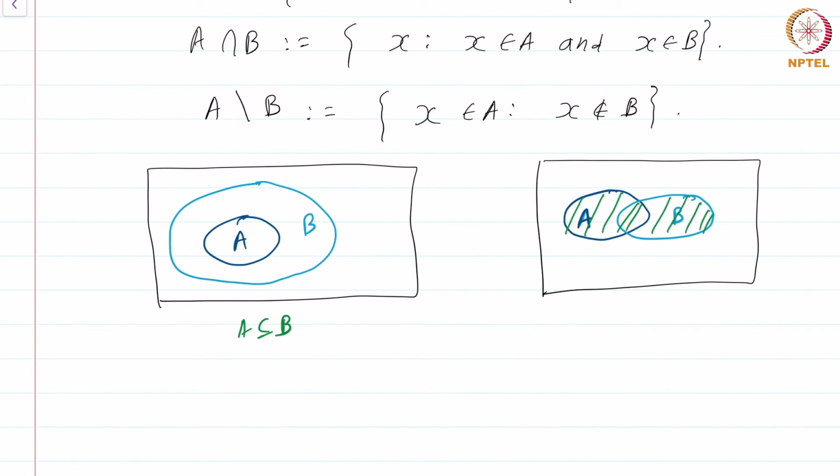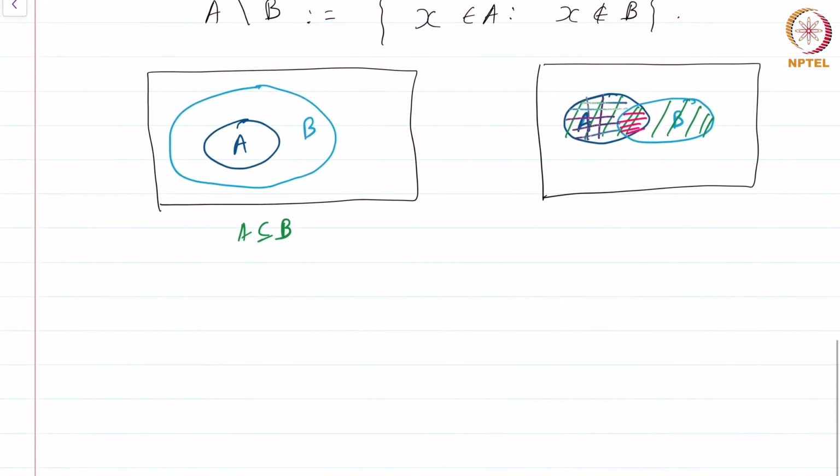The intersection is the common part, and A set minus B or A set difference B is supposed to be this. Sorry, it's just this part. The B part is not there. So these Venn diagrams illustrate the concept of union, intersection and complement.